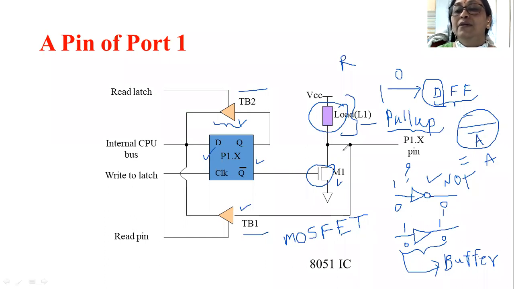Otherwise, it will be continuously at logic 1 level. So it is called a pull-up resistor. Similar to the pull-up resistor, there is a pull-down resistor, and this holds the value of the output at logic 0 continuously until it is changed to 1.